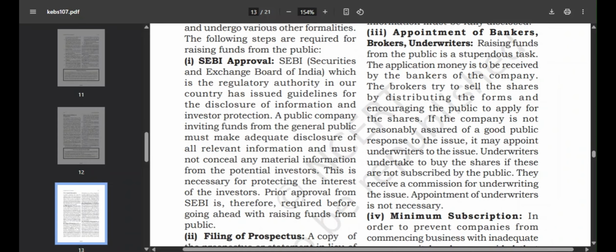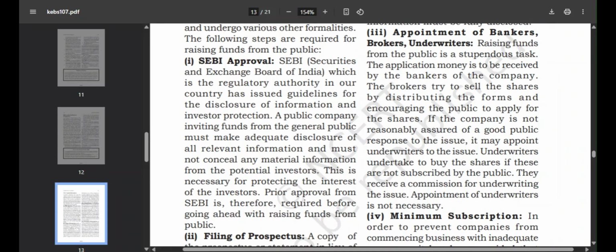They receive a commission for underwriting the issue. Appointment of underwriters is not necessary, so it is not necessary for a company to have an underwriter. If it wishes to do so, it can go ahead with it.